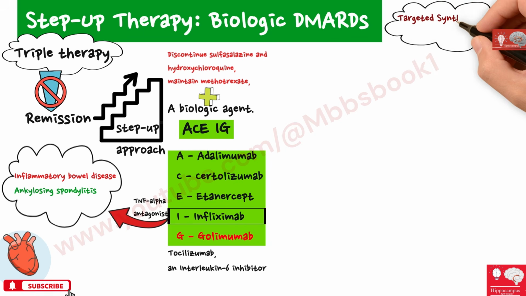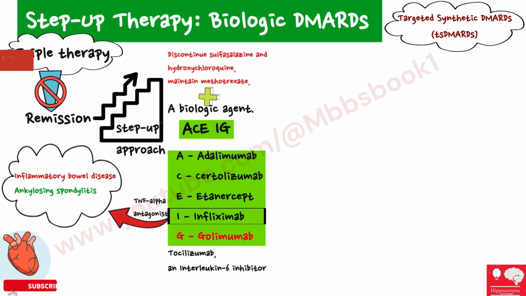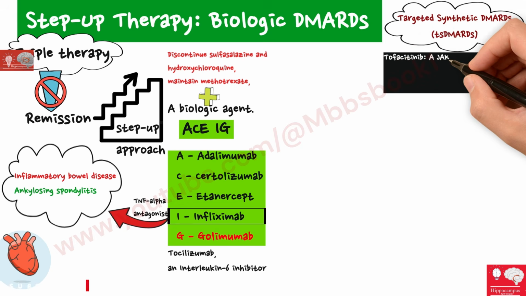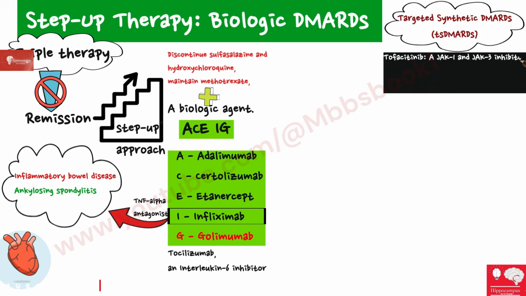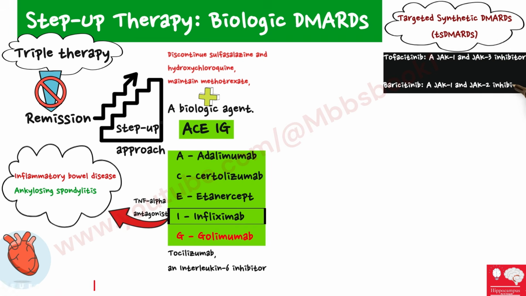Targeted synthetic DMARDs, TSDMARDs. If biologics are not used, targeted synthetic DMARDs, primarily JAK inhibitors, can be utilized. Tofacitinib, a JAK1 and JAK3 inhibitor. Baricitinib, a JAK1 and JAK2 inhibitor.